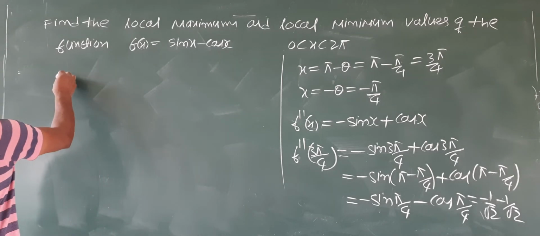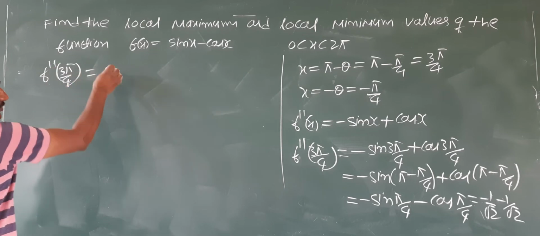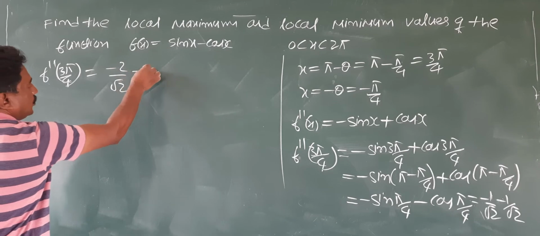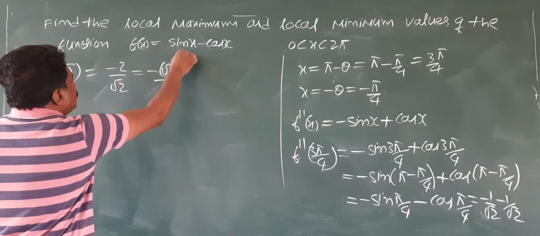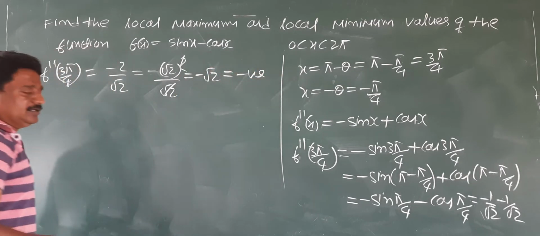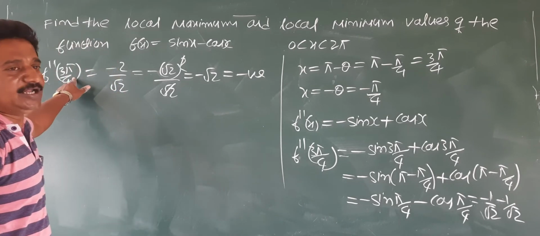So f double dash 3 pi by 4 is minus 2 by root 2, which is minus root 2 whole square by root 2. Root 2 gets cancelled. Minus root 2, negative. So what is this point called then?